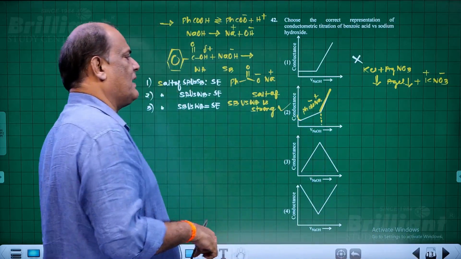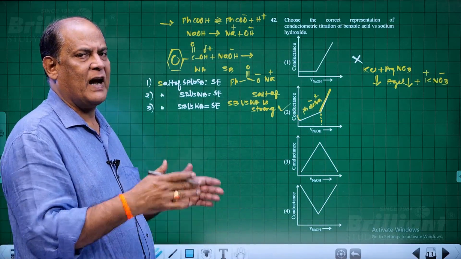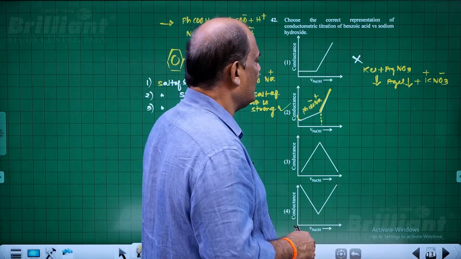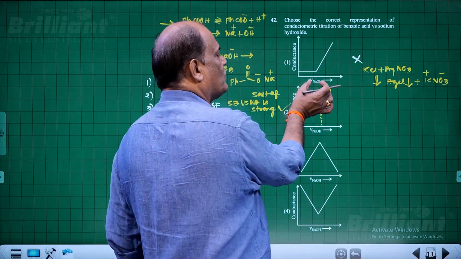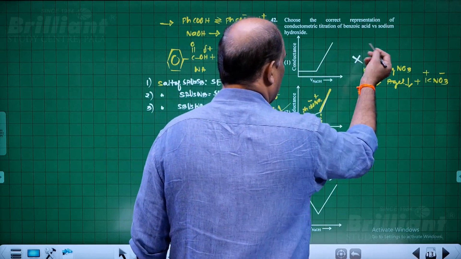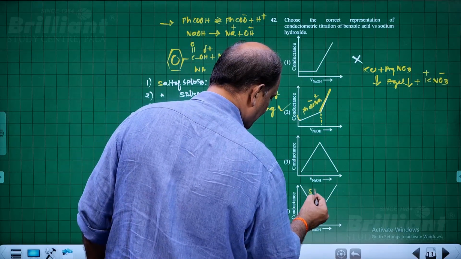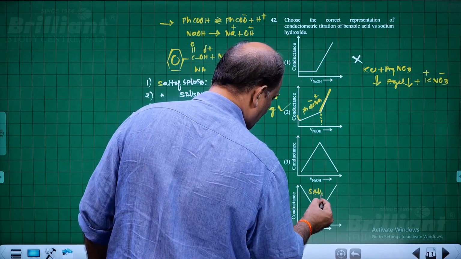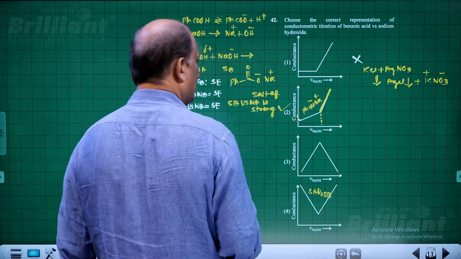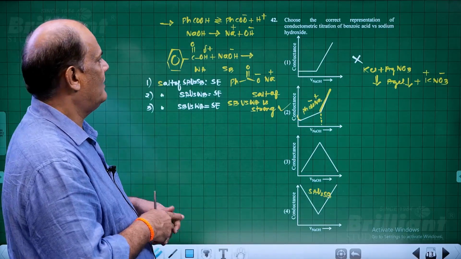As long as KCl and AgNO3 are added, the salt is maintained constant once the neutralization point is over. If KCl is added instead of NaOH, this is the graph meant for the salt, for strong acid versus strong base. But here, only the second option is absolutely suitable. Right.